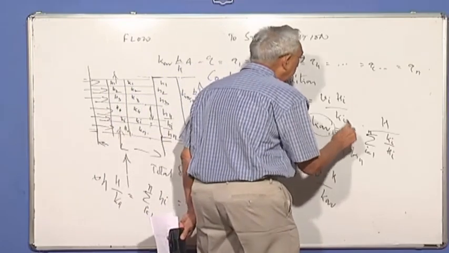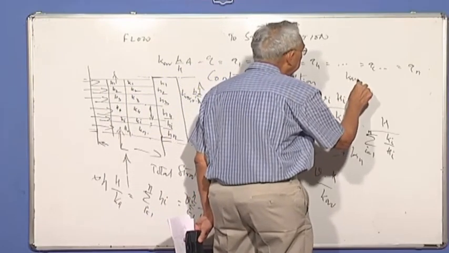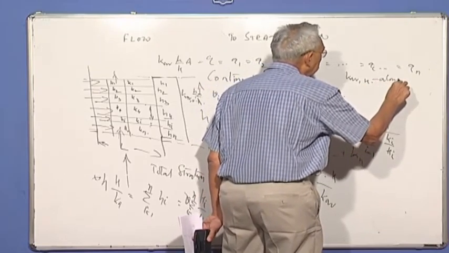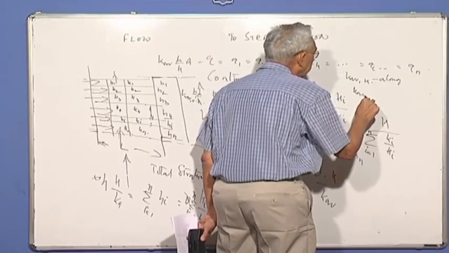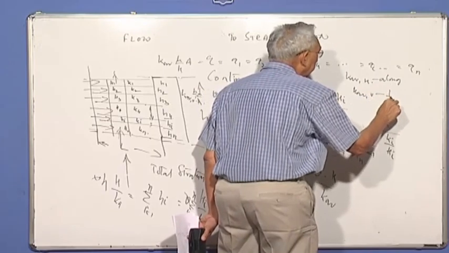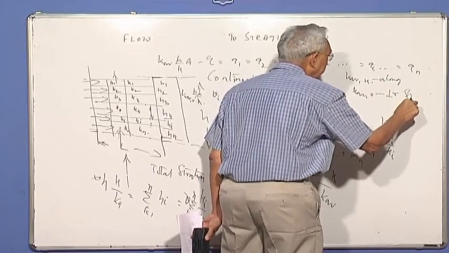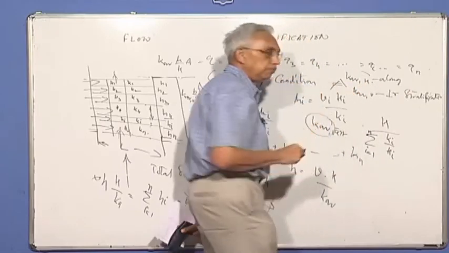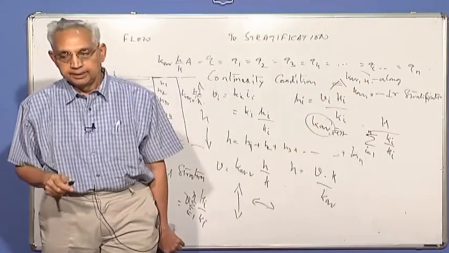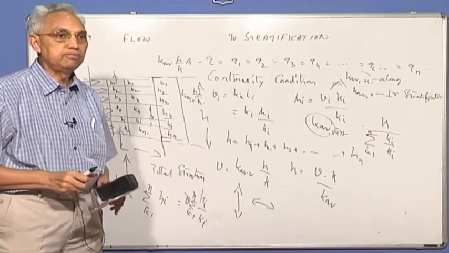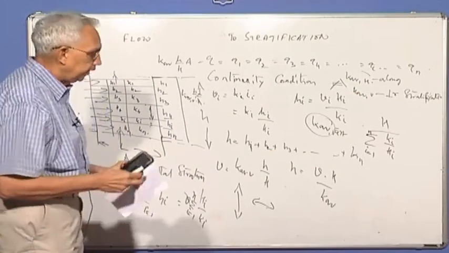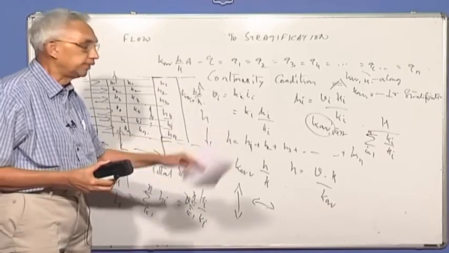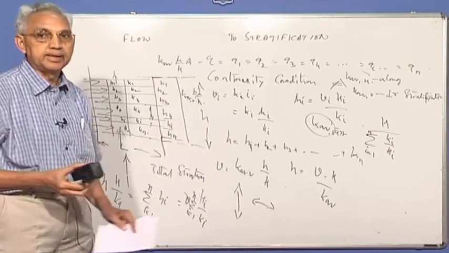And please remember, when you calculate K average horizontal, that is along, and K average vertical, that is perpendicular to stratification, these will not be equal. You will get different values. So this is how we find for stratification. In case you find continuous variation, you should divide this into a number of layers and do exactly the same.